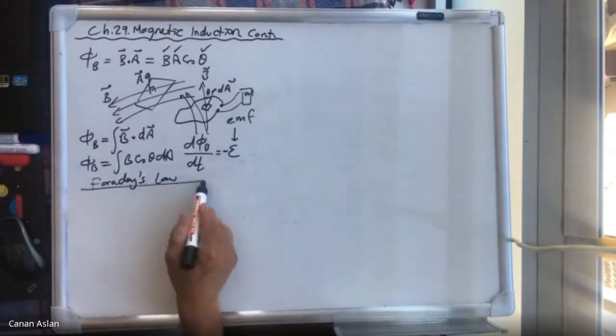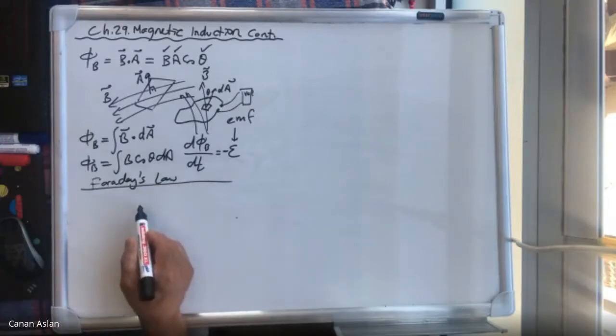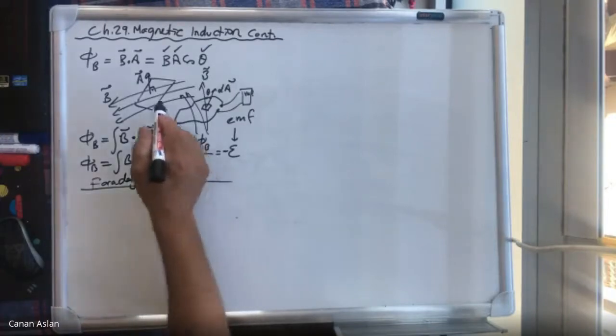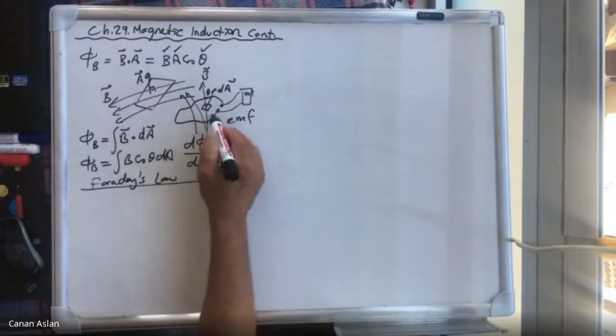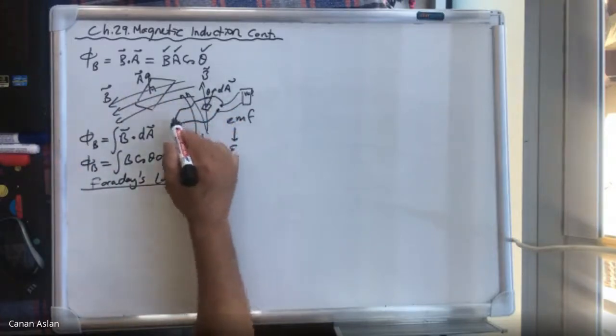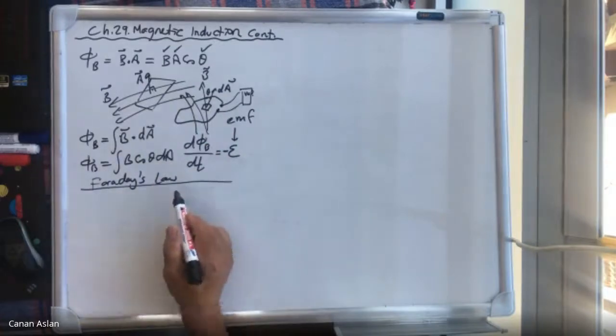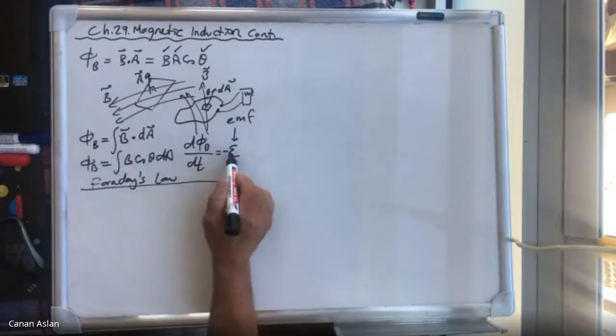We have seen that Faraday's law induces some kind of current in the loop. And if there are n loops here, then we multiply this by n.